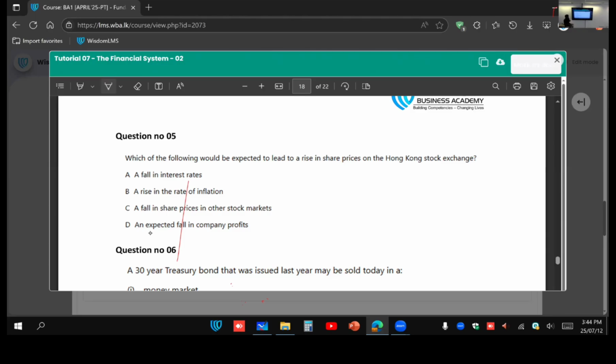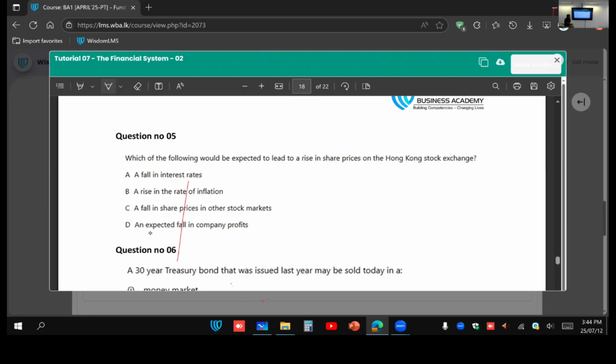A fall in interest rates, a rise in the rate of inflation, a fall in share prices in other stock markets, expected fall in companies' profits.